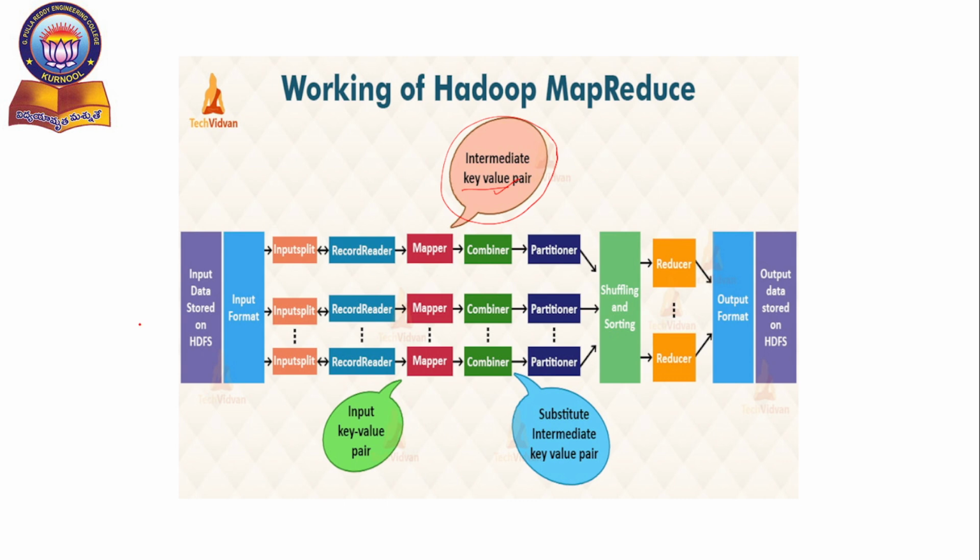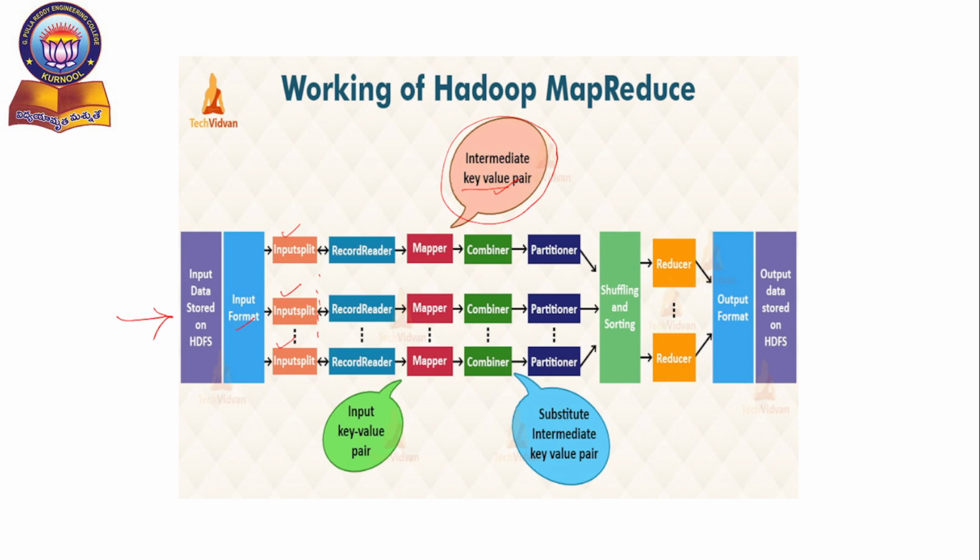Now see, the input data is stored in HDFS, the Hadoop Distributed File System. Once the data is there, we select the input format that needs to be supplied to the MapReduce task. Then we split the data into n number of input splits based on the availability of data and the available nodes.